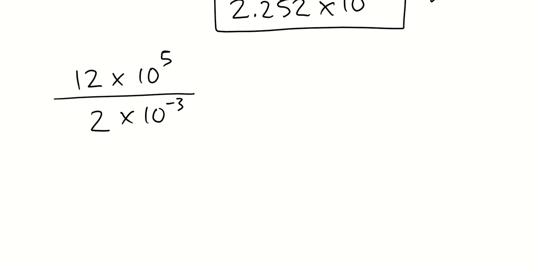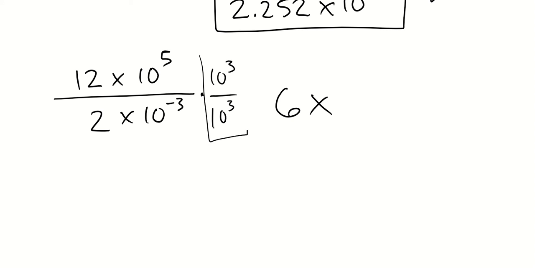So if I was to do a division problem, something kind of similar happens here. Because I'm just multiplying everything in the numerator and everything in the denominator, I can identify giant ones, or I can simplify. It turns out 12 divided by 2 is 6. So my answer is 6, and then I can use the power rules, right? 5 minus 3 would be 10 to the 8th power, or I could choose to multiply the top and bottom by 10 to the 3rd.